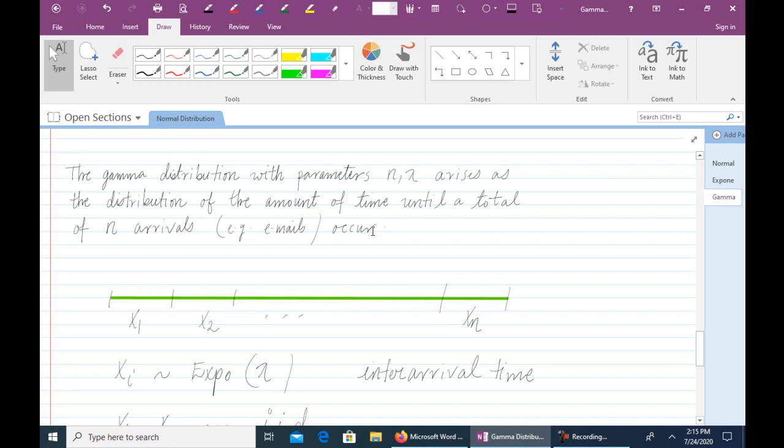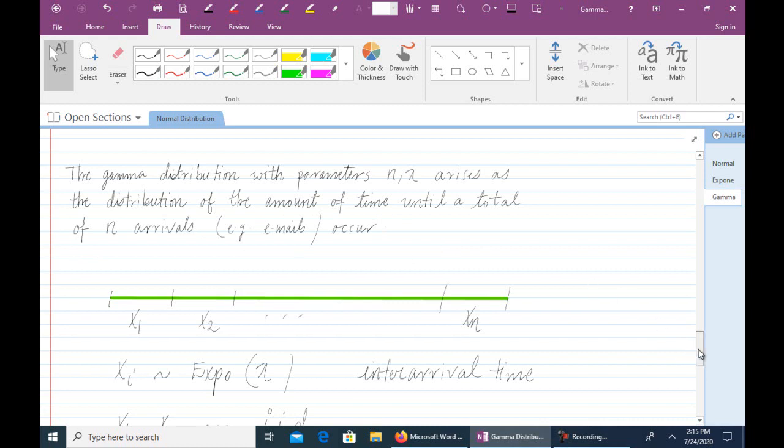So one application of the gamma distribution is exactly this: if x has a gamma distribution with parameters n and lambda, then we can think of that as the distribution of the amount of time until a total of n arrivals occur.